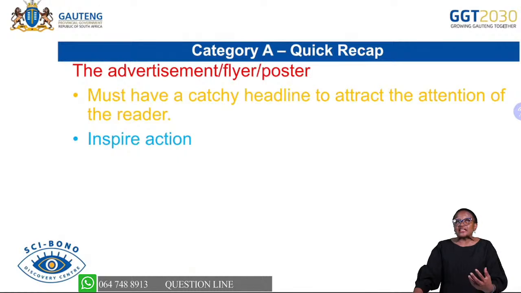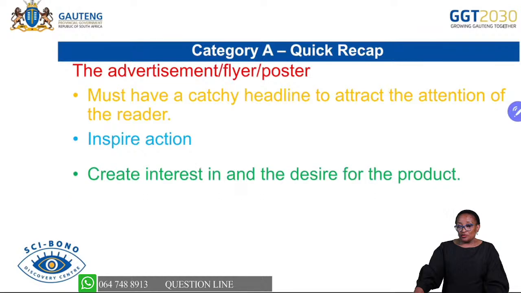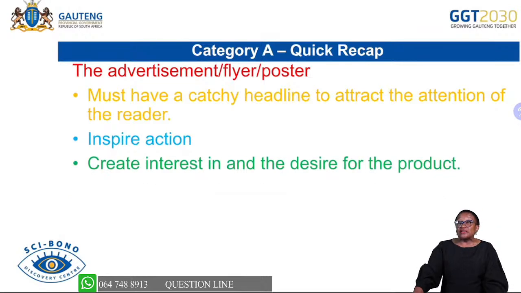It should make the reader want to do whatever you want them to do. It needs to create interest in and the desire for the product. The reader must feel like, I want to have this. The reader must be interested in the product.